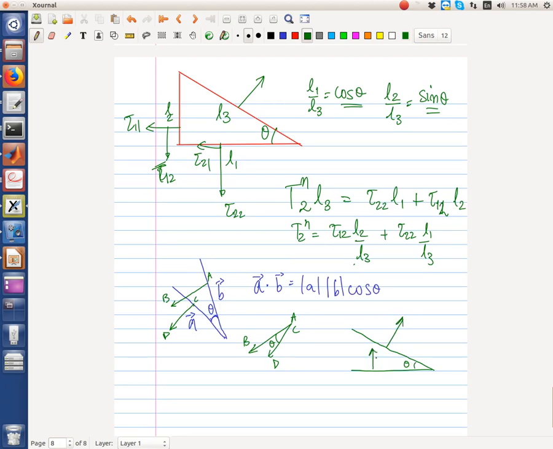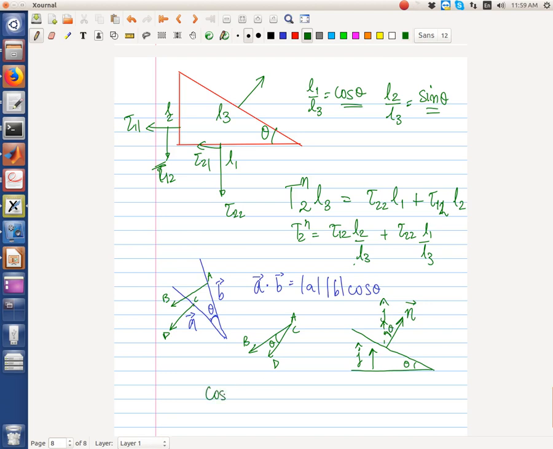So the normal to the horizontal line is in the j direction. So the n vector for this line is j cap. Similarly, the normal vector for this face is n. We have already defined it as being n. So if I translate this over here, we see that this angle and this angle are the same.